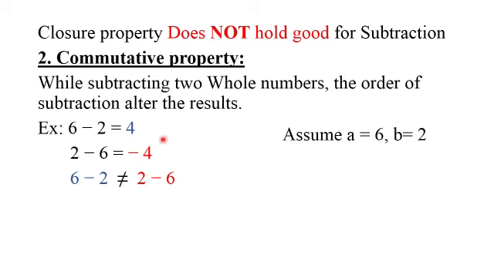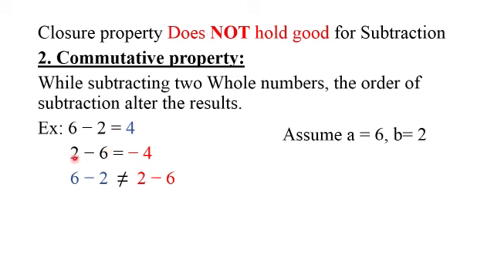Now let us see with an example, 6 minus 2. When you say 6 minus 2, the answer is 4. But when you subtract B minus A, that is 2 minus 6, as I told you before, we can't subtract a greater number from a lesser number. If you do, your answer will be in the negative part. 2 is a lesser number than 6.